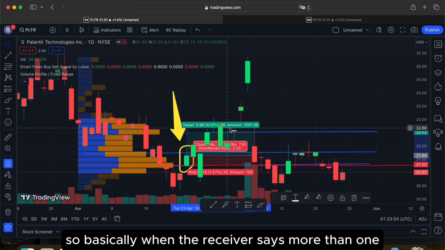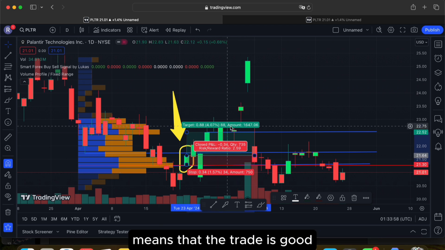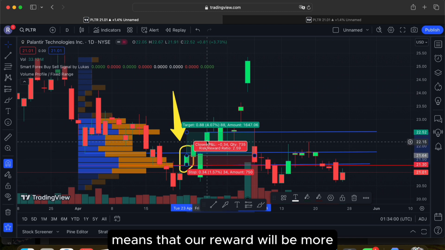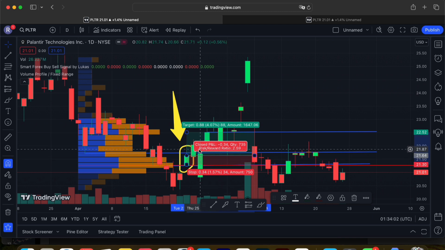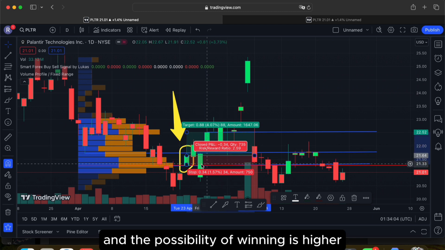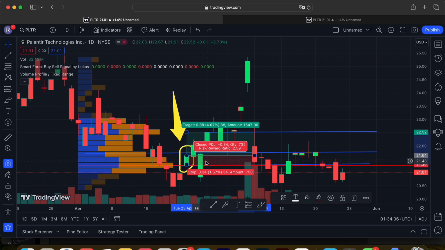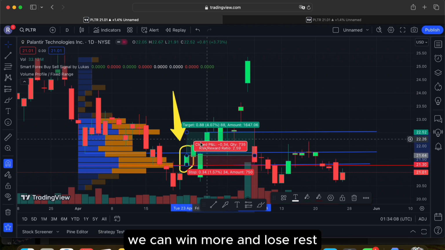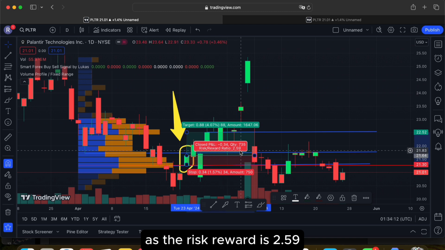So basically when the risk reward ratio is more than 1, it means that the trade is good, our reward will be more compared to the risk, and the possibility of winning is higher. We can win more and lose less, as the risk reward ratio is 2.59.